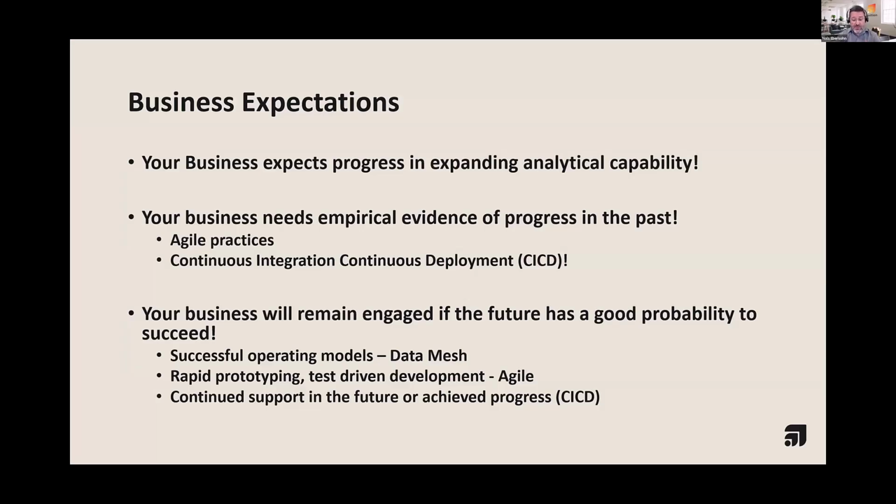Now, all of these items are fantastic, but we still need to be able to look at the components of, as Cindi quite nicely introduced us with the definition of Data Vault, the people, process, and technology components. So from a process perspective, having something like data mesh helps to give us a model of operation, with rapid prototyping and test-driven development as far as we go from a technology approach.